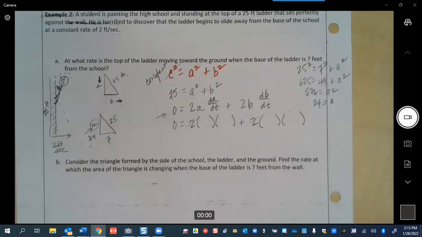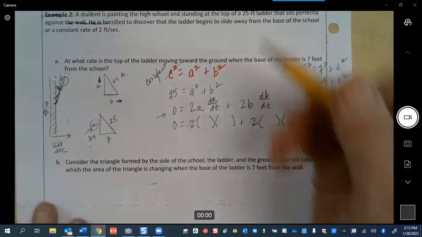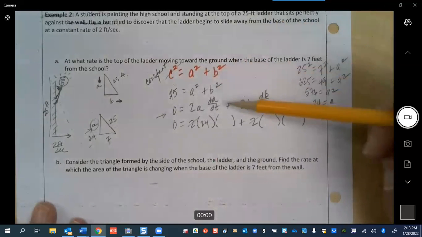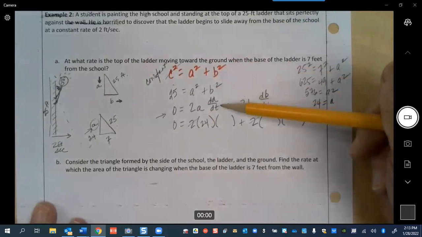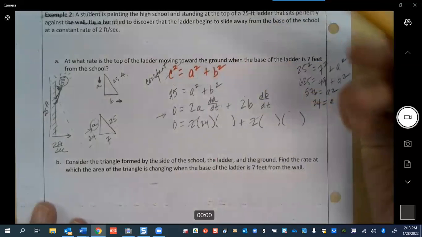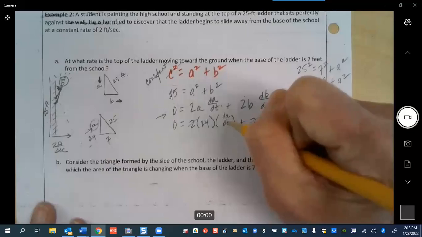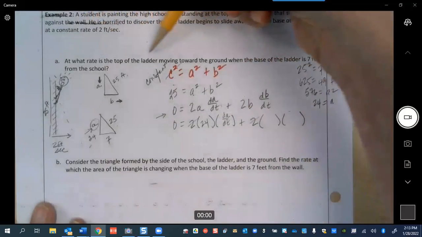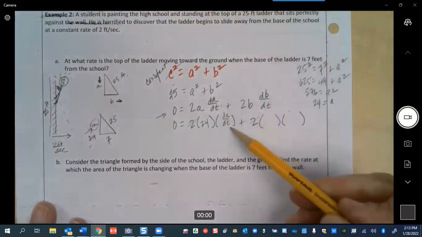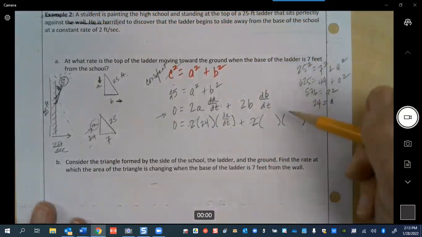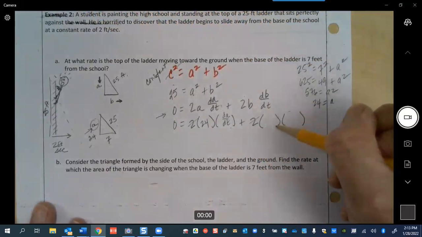So let's go ahead and fill in what we know. A is 24. Do I know dA/dt? That's what I'm solving for. The rate of change of the ladder. At what rate is the top of the ladder moving down? That's it. What is B?